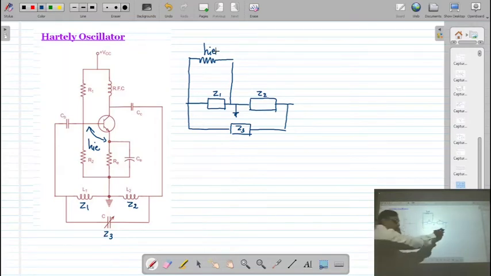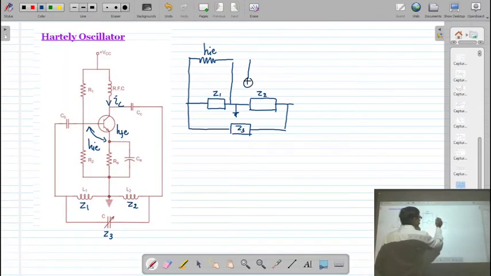And then in the output part we have to consider the transistor either as a voltage source or a current source. Here we will draw an equivalent current source. So what will be the equivalent current source? What is the flow of current in a transistor? That is the collector current. If hfe, the current gain of the transistor, then the equivalent value of this current source we can write as hfe into IB.